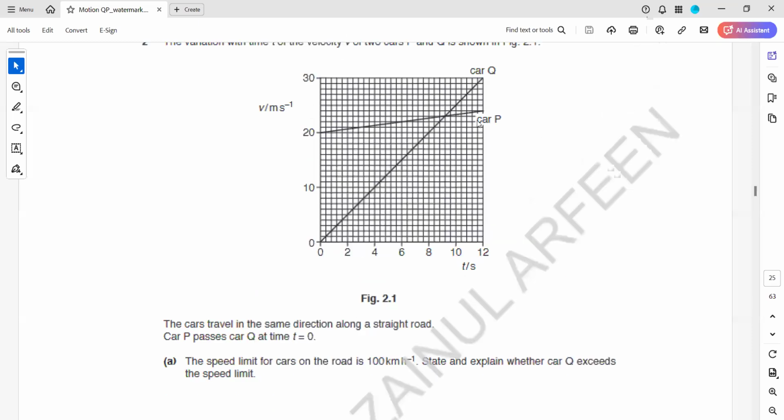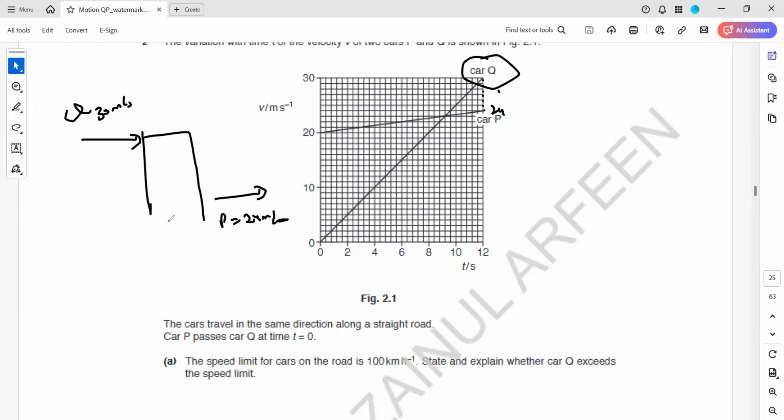For example, the speed of car Q is 30 meters per second, and the speed of car P is, let me count, 24. So the speed of car P is 24 meters per second.